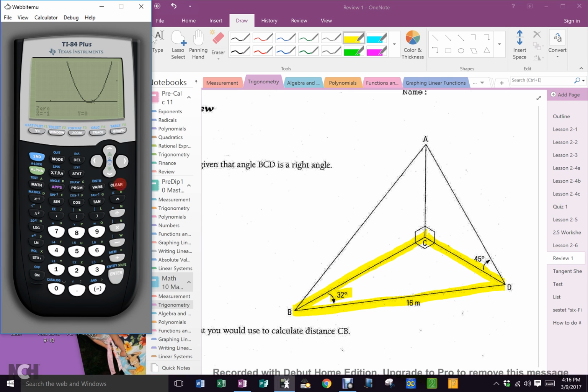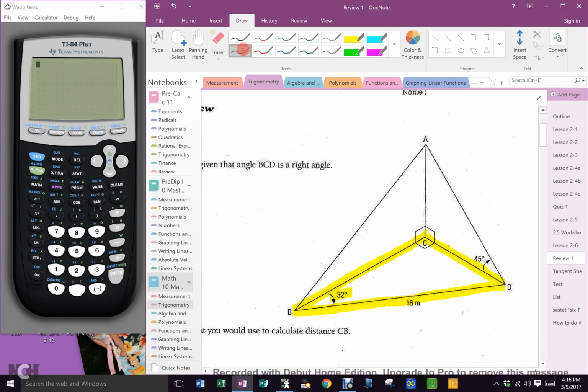So I come over to here. And I have a theta of 32. I have an h of 16. And I need an opposite because it's across from 32. So there's my x. Now that is, of course, sine 32 equals x over 16.